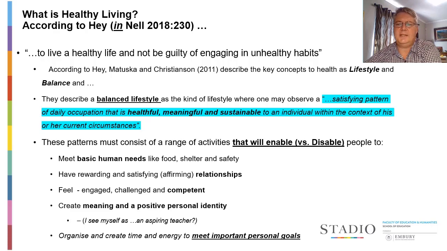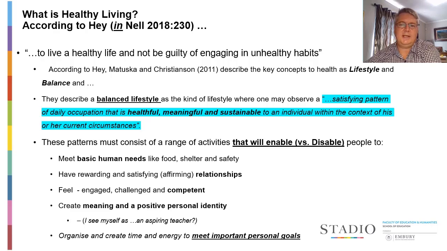So this idea of a satisfying pattern, a pattern of living. Then he continues to say that these patterns must consist of a range of activities. So how do we recognize these patterns? We can see them in the way that they enable people to do certain things.